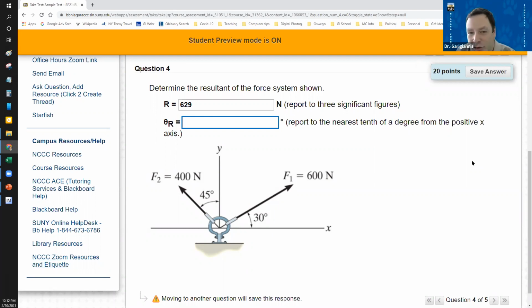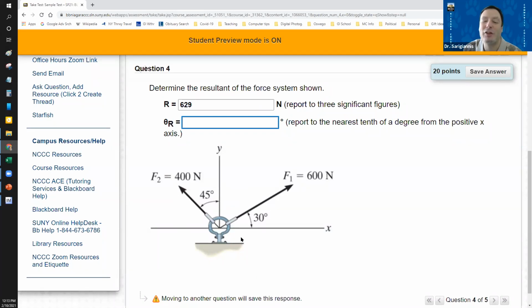You can't draw an angle sign in. So I'm asking you to report to the nearest 1/10 of a degree from the positive x-axis. Now, if you had a resultant that pointed this way, right, you would type in a negative, or you would type in a positive, whatever that is, right?